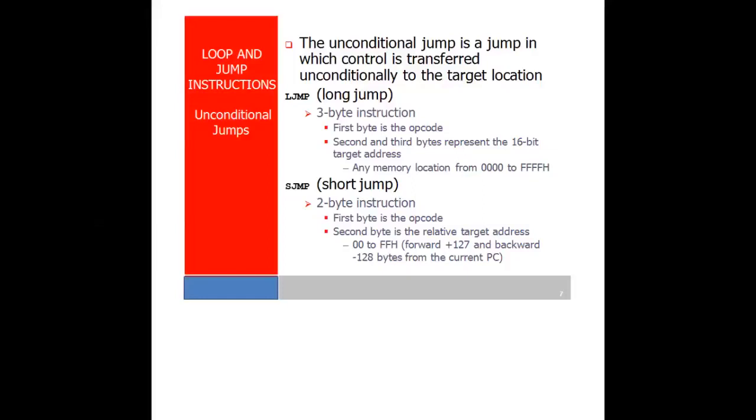What is the advantage? Since it is a 2-byte instruction, you can reduce the size and manage the space inside your ROM memory, because LJMP is a 3-byte instruction and SJMP is a 2-byte instruction.